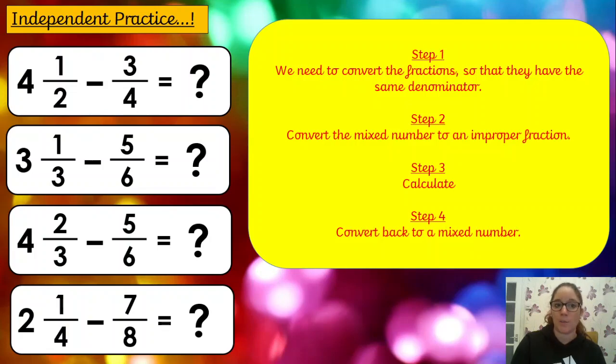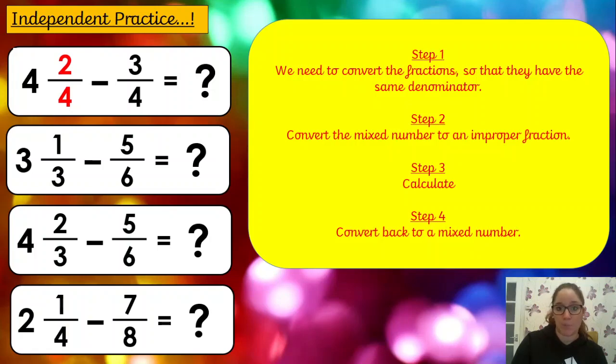Okay, so number 1, we've got 4 1/2, and we're taking away 3/4. Step 1 was to convert the fractions. So we're going to do 4 2/4 take away 3/4. Now we need to do step 2, which was to convert the mixed number to an improper fraction.